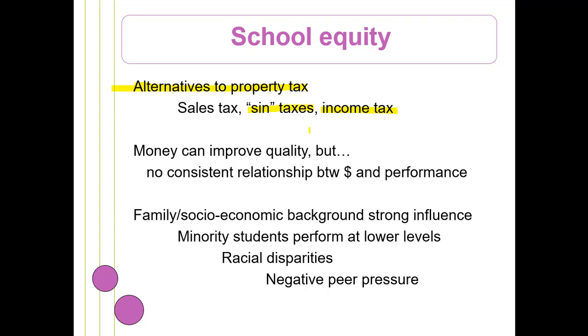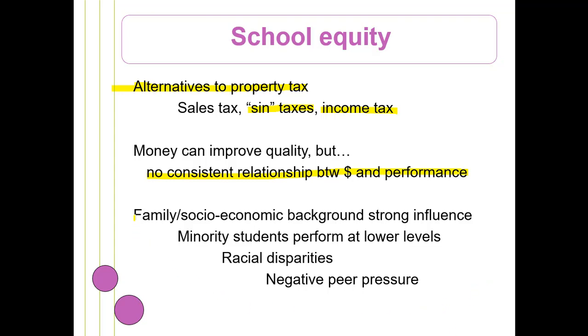And as I said before, while money certainly can improve the quality of the school, the resources that the school has, the facilities, perhaps even teacher pay, as we saw in that previous chart, there's no consistent relationship between spending more dollars and increasing performance. There's no guarantee.